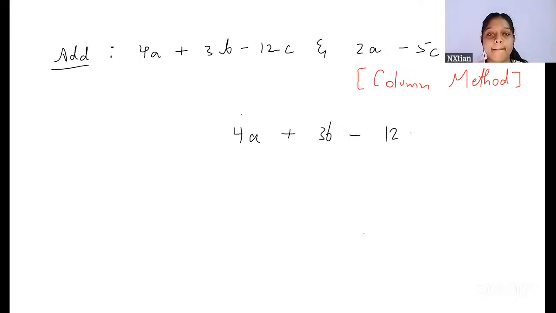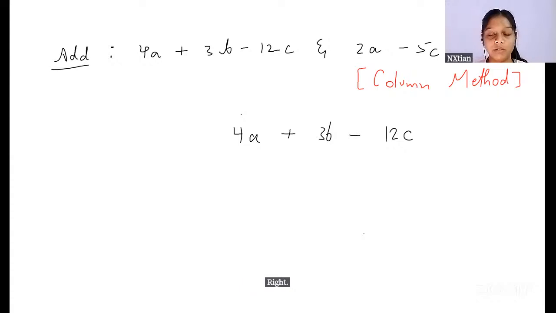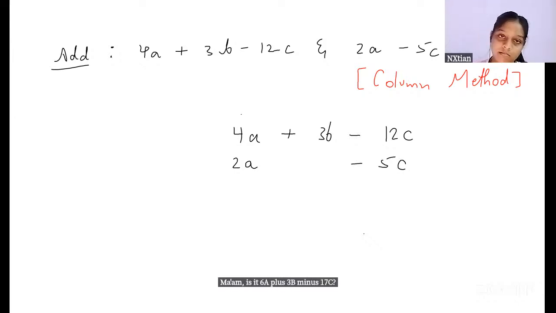Now, the second expression has the a and c variables. Write them right below the a variable and c variable of the first expression. So I'll write 2a here, then minus 5c. Ma'am, is it 6a plus 3b minus 17c? Yes, 6a plus 3b minus 17c.